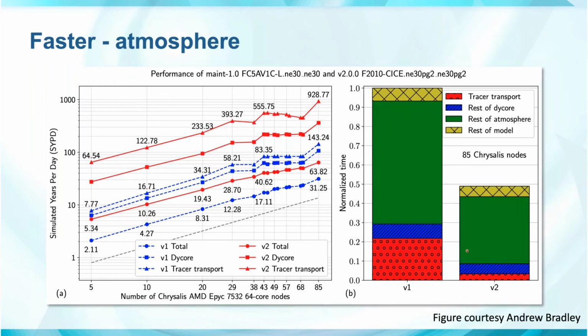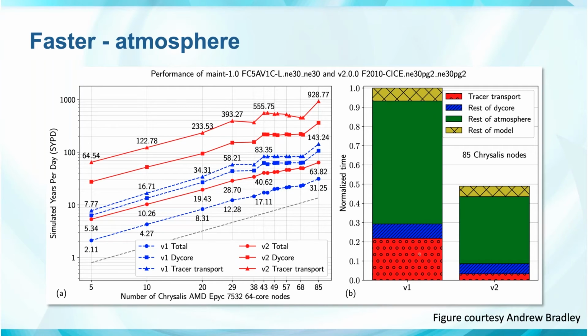Now zooming in on the atmosphere, maybe let's just focus on the plot on the right, which shows the atmosphere cost broken down in various components. In red is the tracer transport, purple, the rest of the dynamic core, so the basic equations, then the rest of the atmosphere, which is mostly the physics. So you see a dramatic change between V1 and V2. A large portion of it comes from the tracer transport, which almost went down by probably 80% or so.